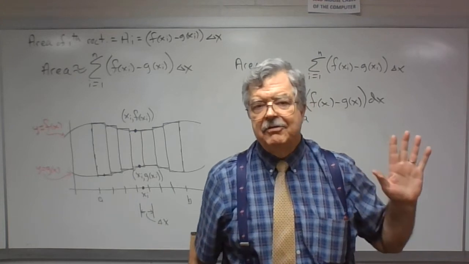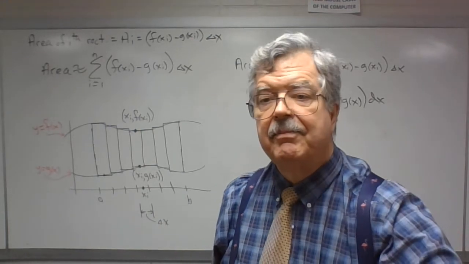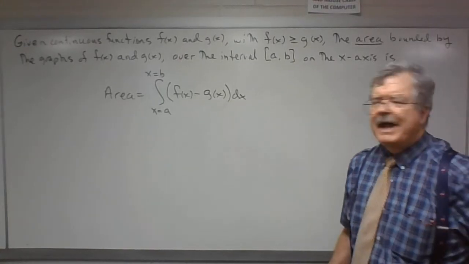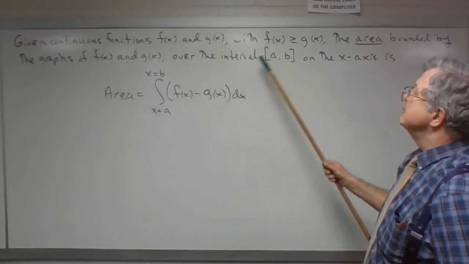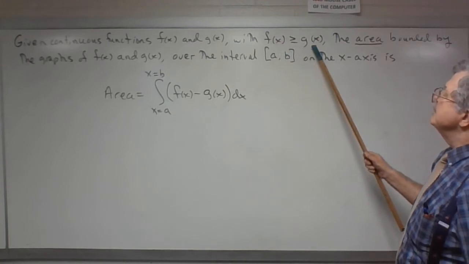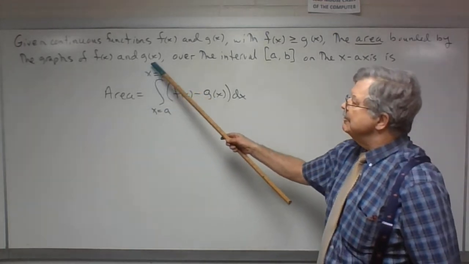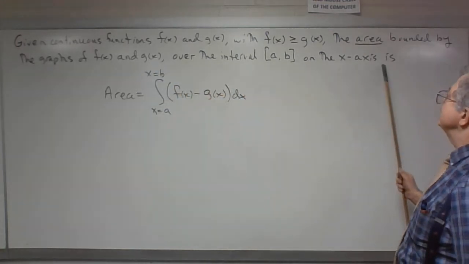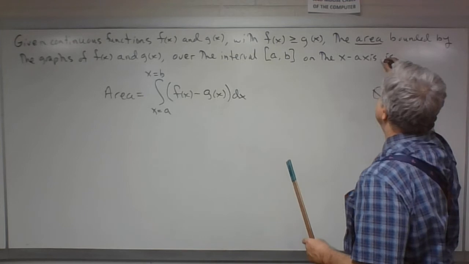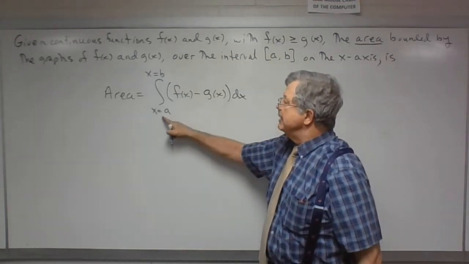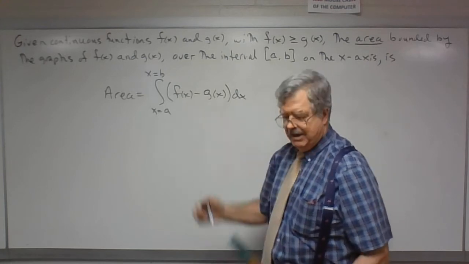Now, let's take what we just derived and make this the general rule. So this is what we've just established. Given continuous functions f of x and g of x, with f of x greater than or equal to g of x, the area bounded by the graphs of f of x and g of x over the interval a b on the x-axis is this: the integral from x equal a to x equal b of f of x minus g of x dx.